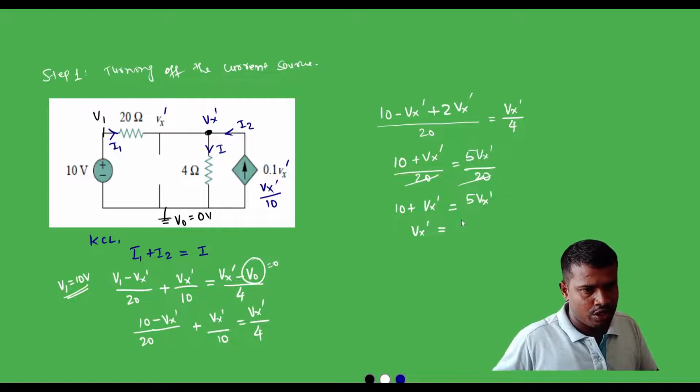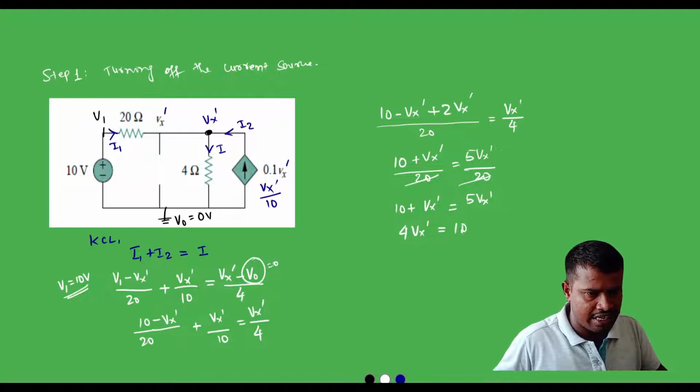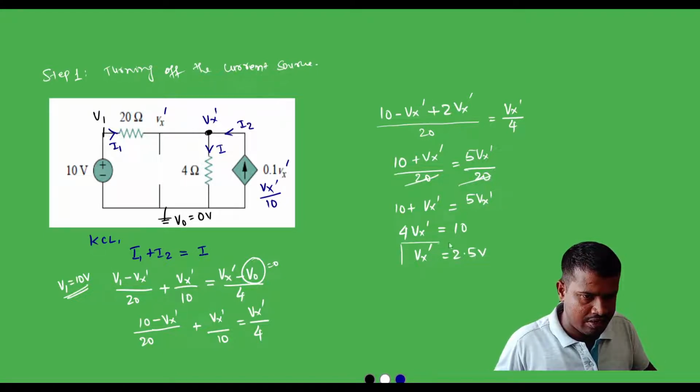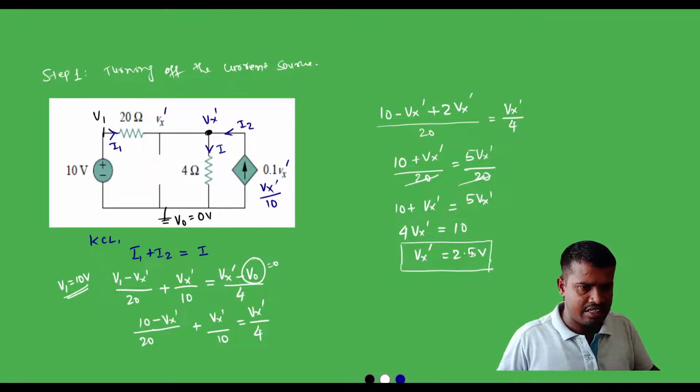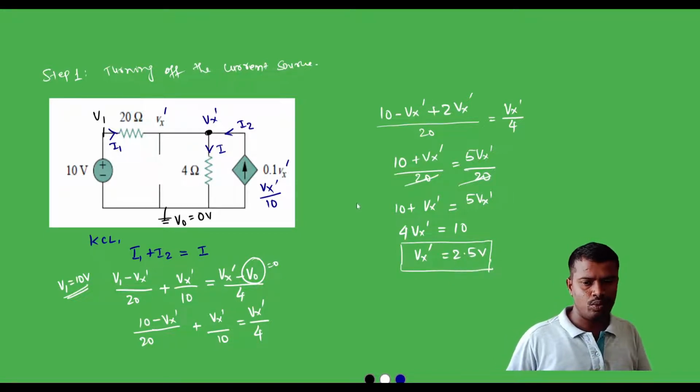So 5Vx prime minus Vx prime becomes 4Vx prime, which is equal to 10, and Vx prime is equal to 2.5 volt. So we can mark this 2.5 volt when the voltage source is active.